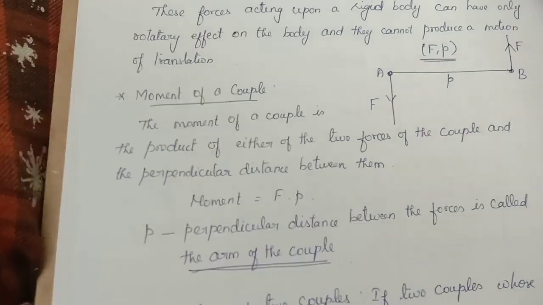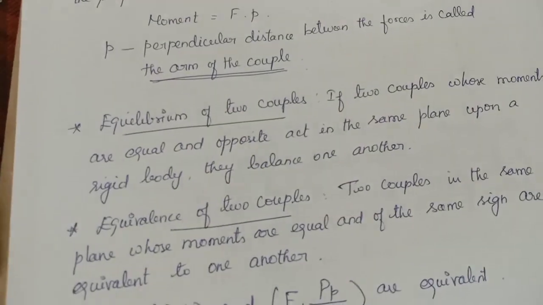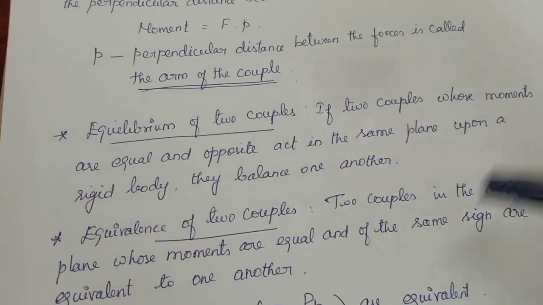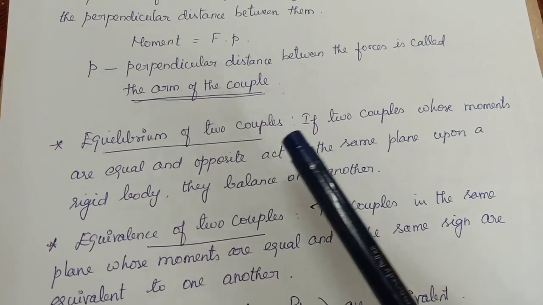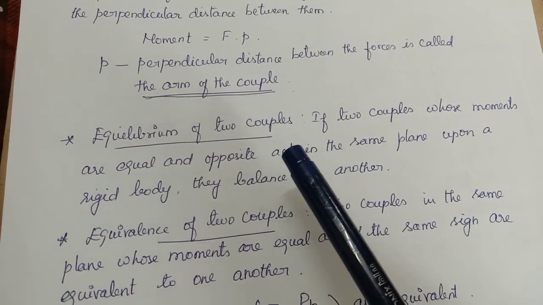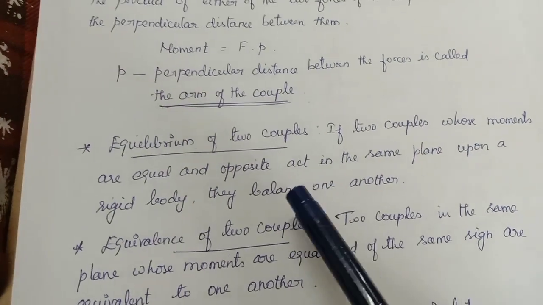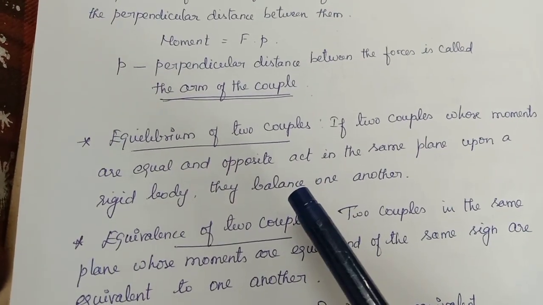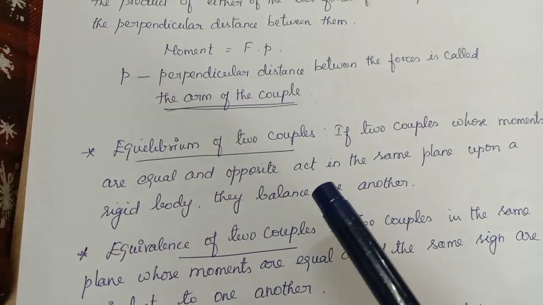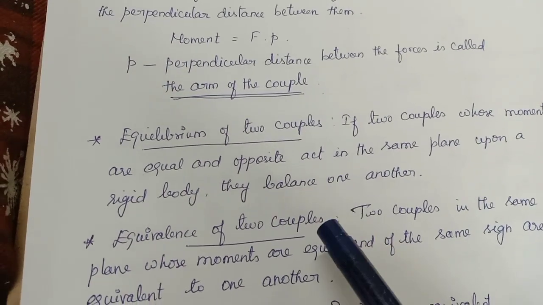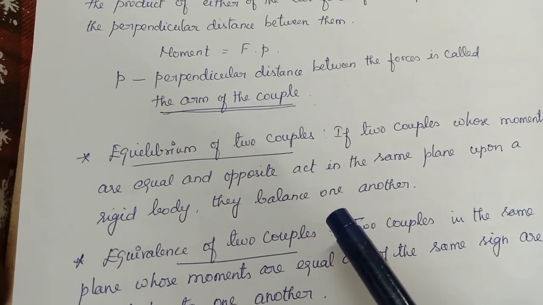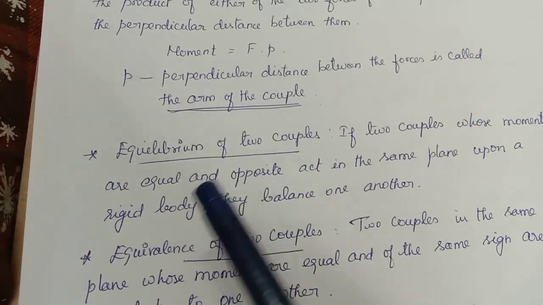Then next one is equilibrium of two couples. When will you say two couples are in equilibrium? When will you say two forces are in equilibrium? When the resultant is zero. In the same way, two couples will be in equilibrium when they have equal and opposite moments. What do you mean by equal and opposite moments? The moments are equal in magnitude.